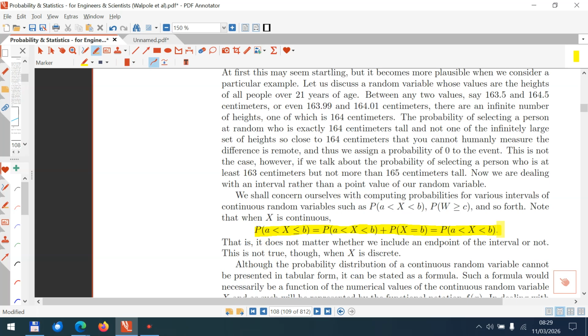It doesn't matter where you have this equal sign or not, but this requires x to be, you must remember this, don't make your own rules, a continuous random variable. Don't apply this rule for discrete random variables. So when you're reading this equation, do read what is written before it, continuous random variables, right?